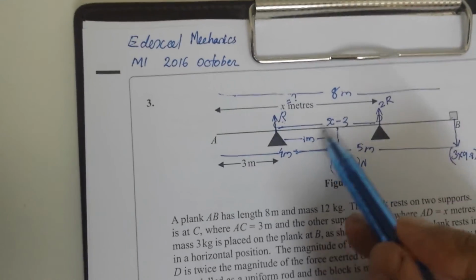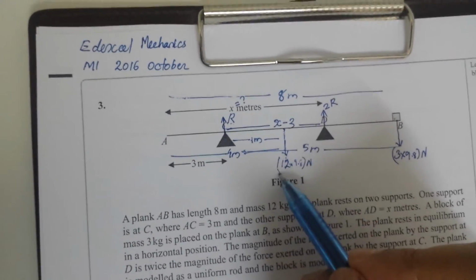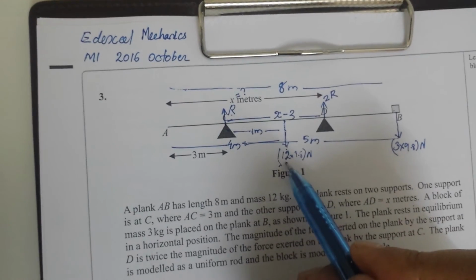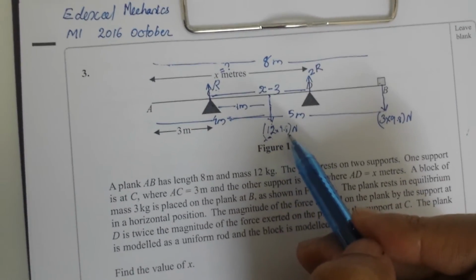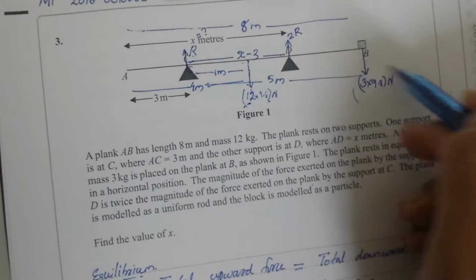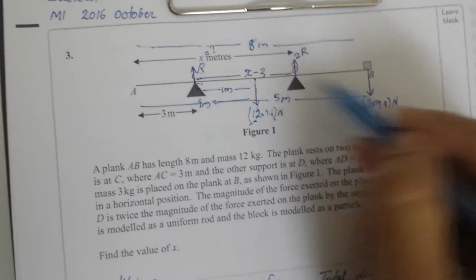Then the total clockwise moment is the sum of the moment due to this one and due to this one. Moment due to the weight is 12 into 9.8 multiplied by this length 1. Moment due to this weight is this weight into this distance. These are the clockwise moments.